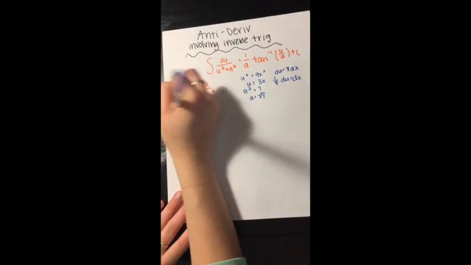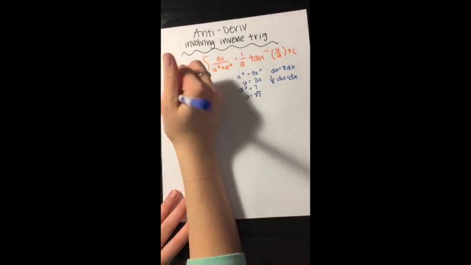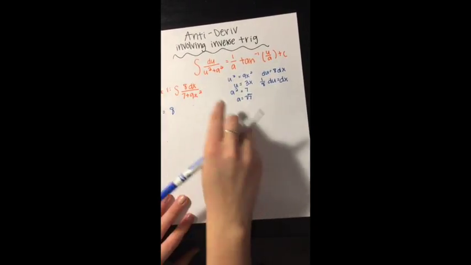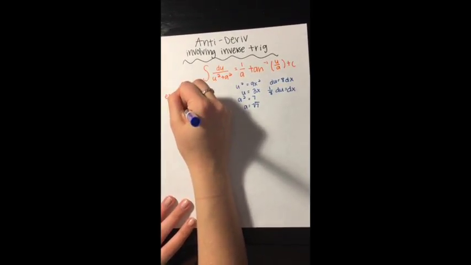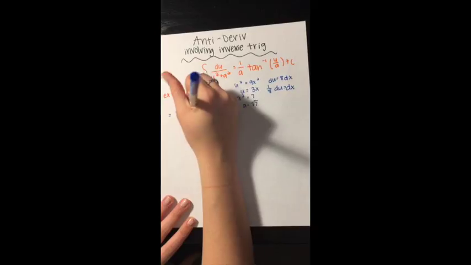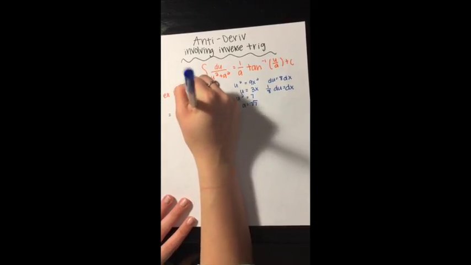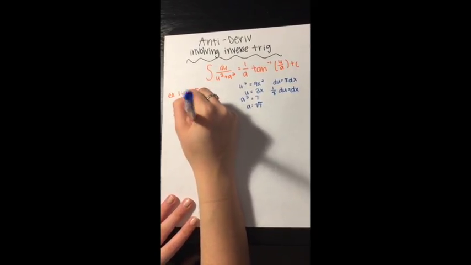And now let's go ahead and put in the information we have. So we're going to take this 8 out here, and we're going to move it in front of the integral.